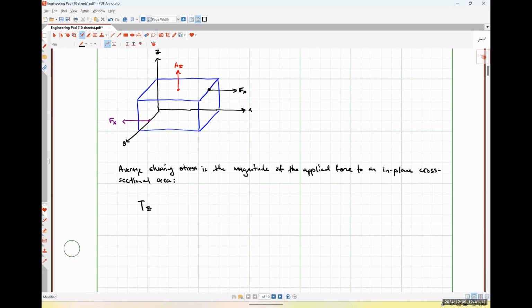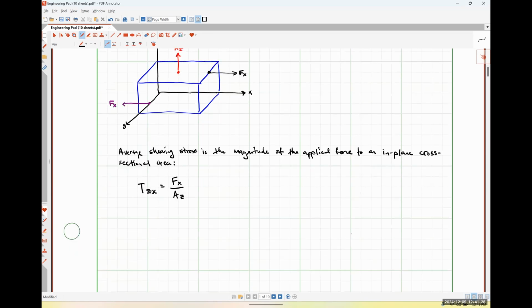In this case, our area is in the z direction, our force is in the x direction, so those are where those subscripts are coming from. So we're going to have F of X over A_Z, like so.